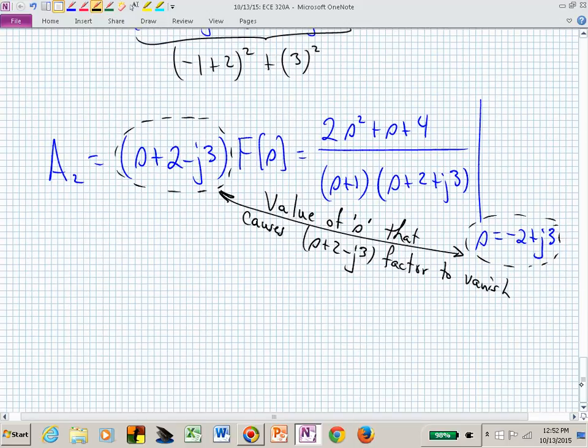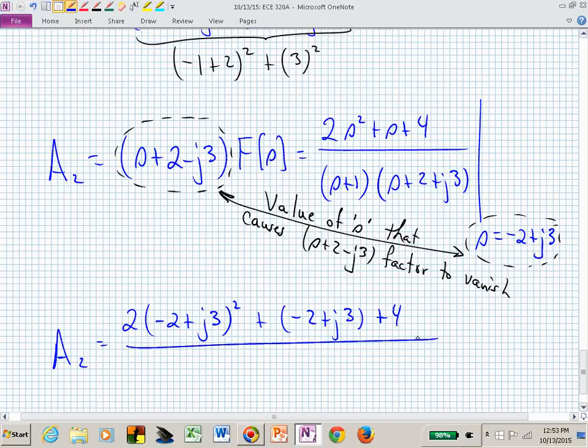And now all we have to do is replace all of the s's with minus 2 plus j3. I have 2 times minus 2 plus j3 quantity squared, plus minus 2 plus j3, plus 4, all over minus 2 plus j3 plus 1, times minus 2 plus j3 plus 2 plus j3.